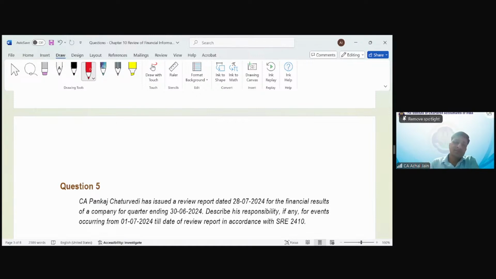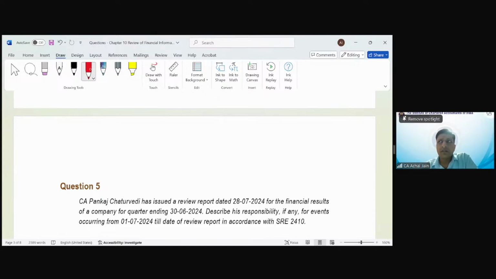Yes, sir. In this case, sir, we have to mention that in case of a modified report, adverse or disclaimer is to be issued. See, adverse should not be there, because if you look at the fact pattern, it doesn't talk about the impact being pervasive. So whenever the information is silent, you can always use the wording modification.